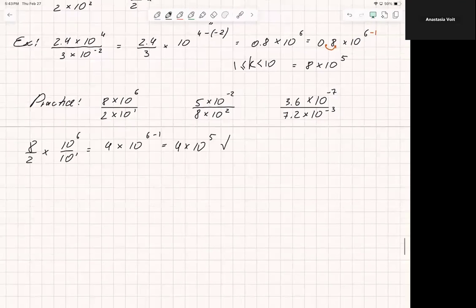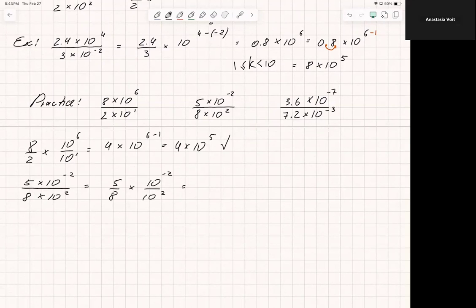Now, next example is 5 times 10 to the negative 2nd power divided by 8 times 10 to the 2nd power, positive 2nd power, right? So we combine 5 and 8 together. So 5 divided by 8 times 10 to the negative 2 divided by 10 to the positive 2, right?